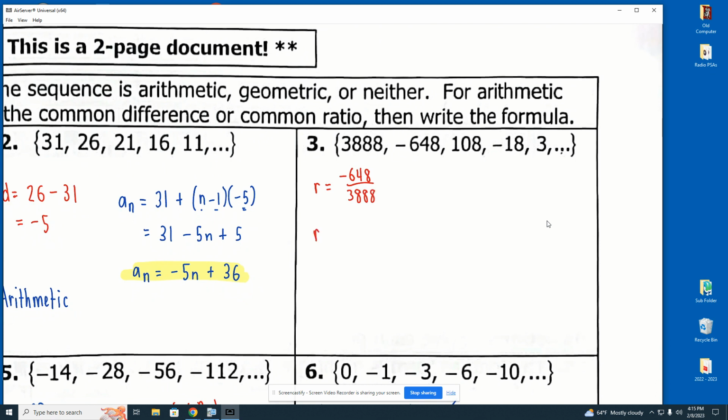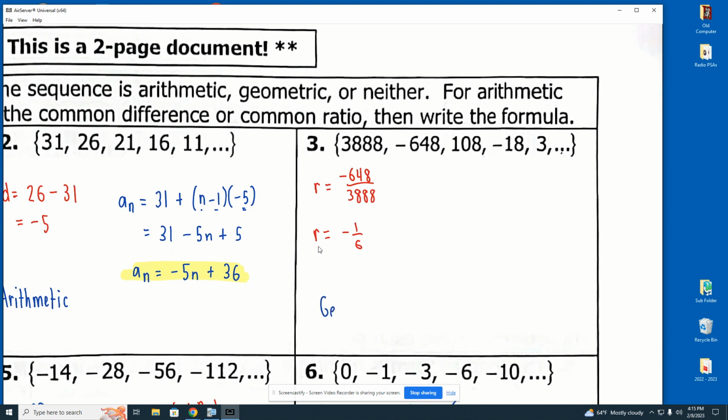If you type that in your calculator using your alpha y equals number 1, you get negative 1 over 6. So that's what I do. Is negative 648 times negative 1 over 6 equal to positive 108? If you type it in your calculator, it does. 108 times negative 1 over 6 equals negative 18. It does. So this one is geometric.